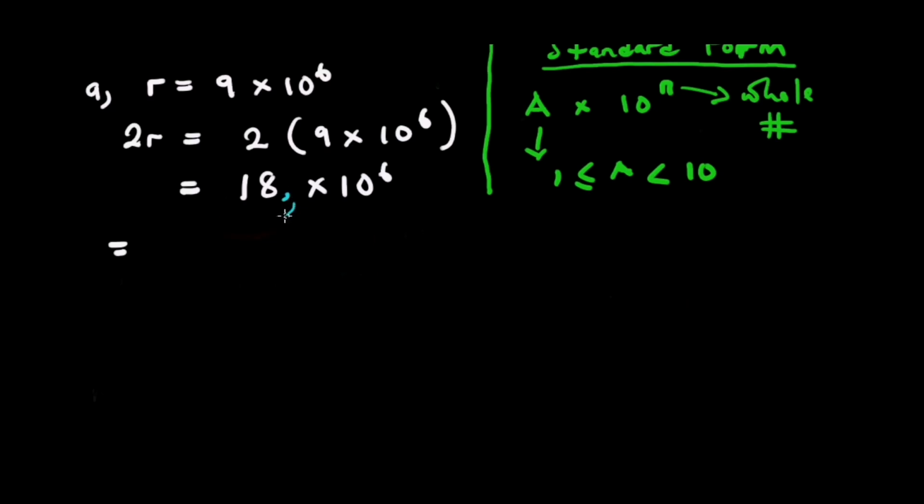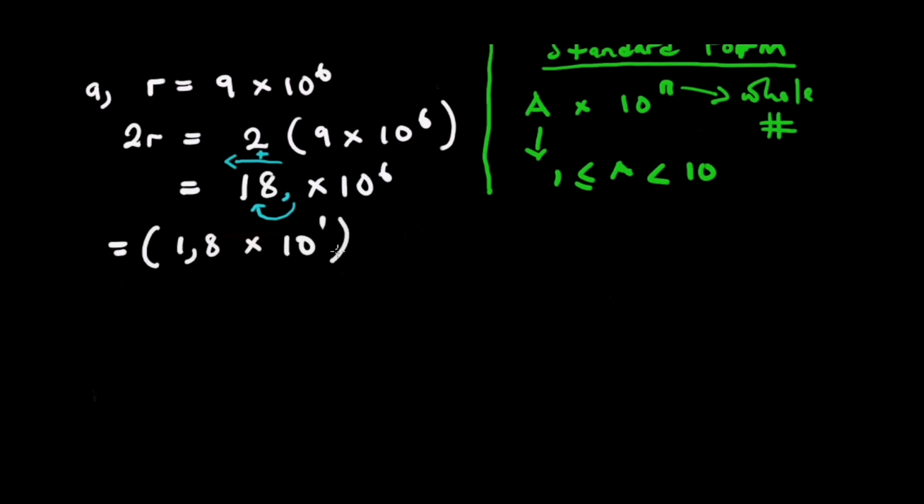Saka koma yedu should move 1 decimal place kuti iuye panapa so that we have 1,8 times 10 to the power 1 because kana koma yedu ichimova from the right towards the left, sezvari kuita panapa, this is the movement of the comma, our power is going to be positive. Saka 1,8 times 10 to the power 1, which is simply 1,8 times 10, ndiyo inotipa 18. So this is true.